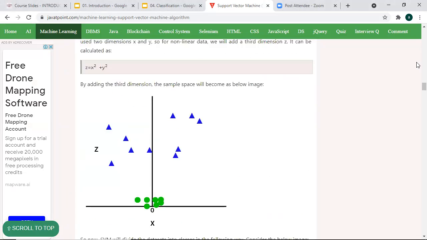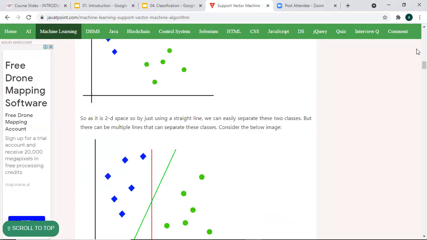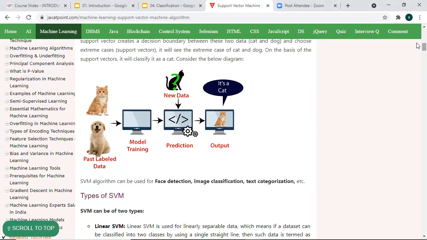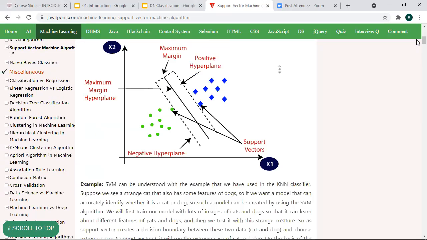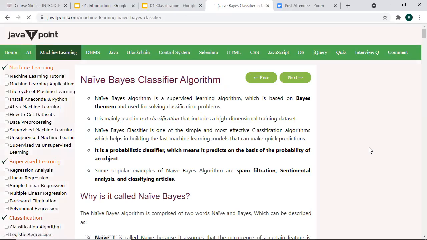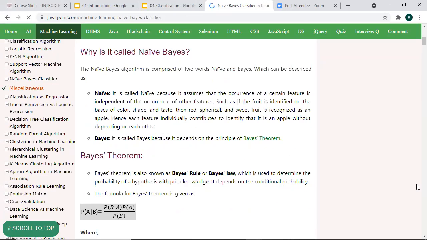But tomorrow I am going to show you one more algorithm, Naive Bayes, and we're going to start data visualization tomorrow. This is not usually asked, but I am going to explain Naive Bayes so that you are aware of it, also about NLP.